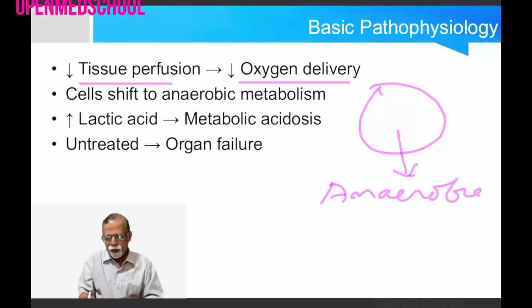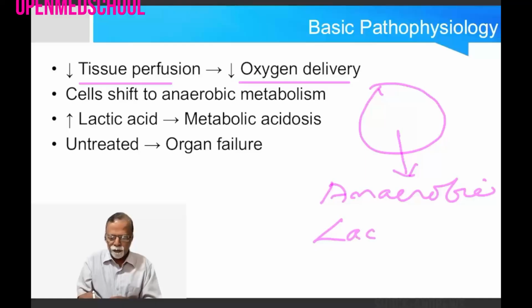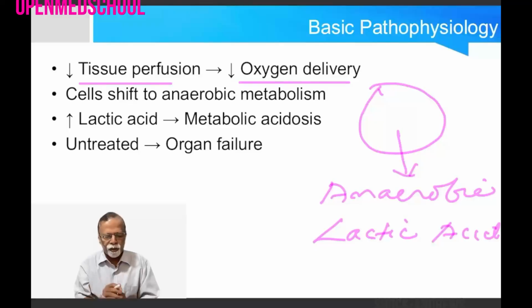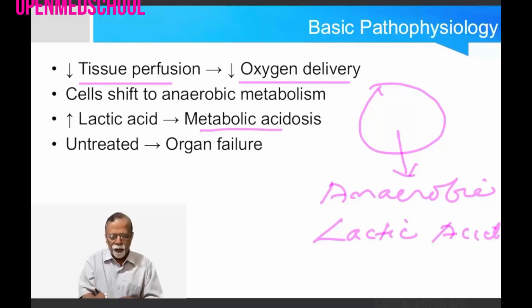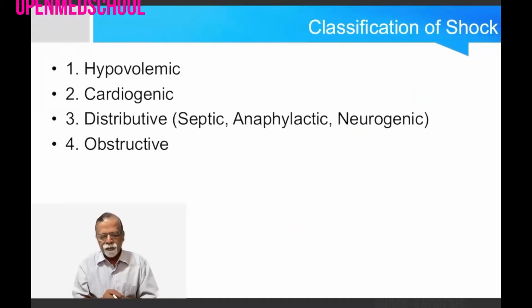That is, when the oxygen is not there, the metabolism shifts to anaerobic and it produces lactic acid. The excess lactic acid accumulates in tissues and leads on to metabolic acidosis. And metabolic acidosis is dangerous to tissues and it produces cellular damage. So that is the basic pathophysiology.